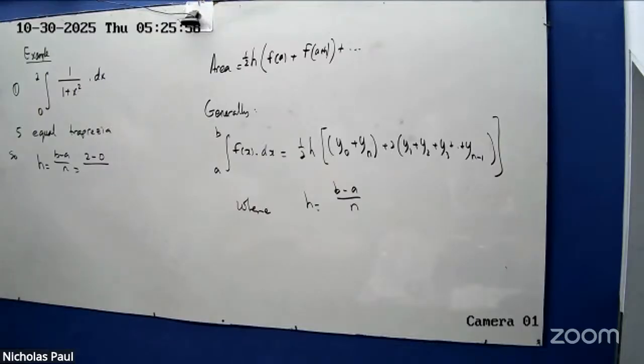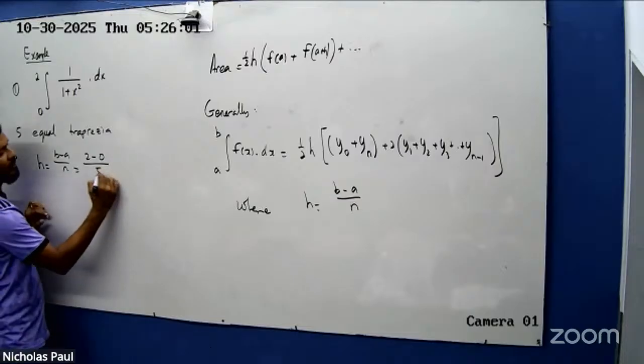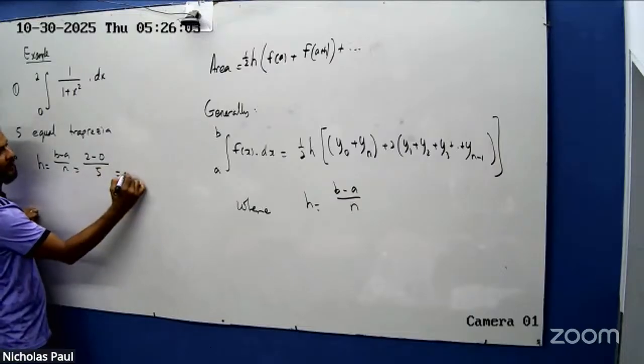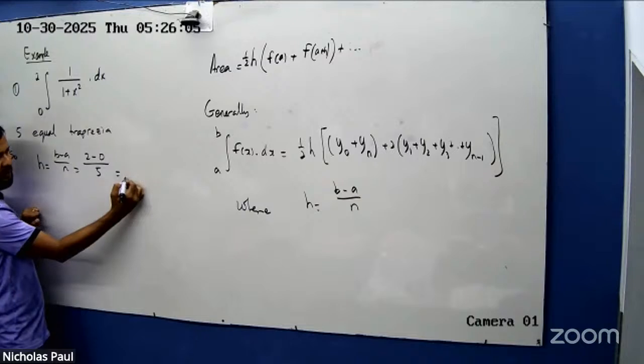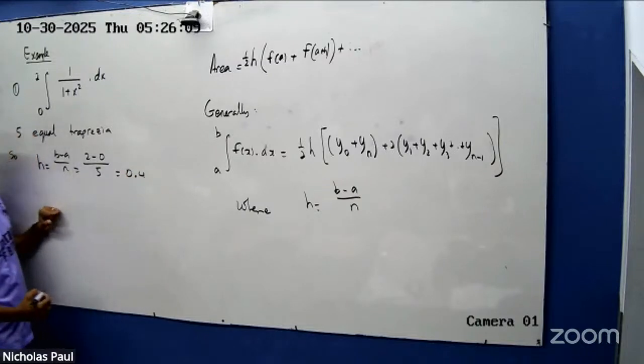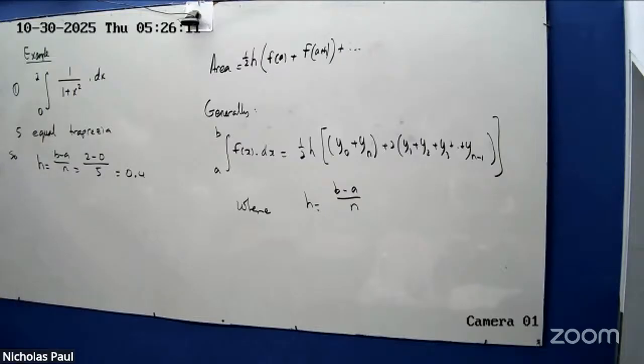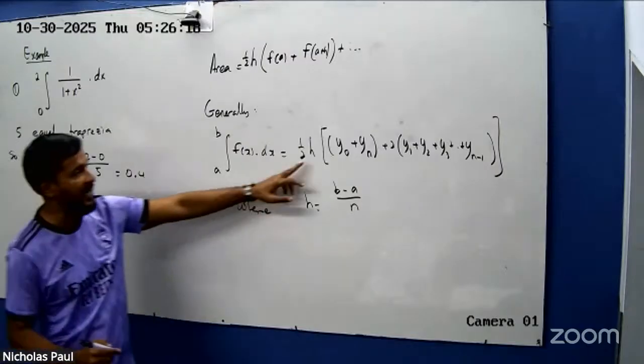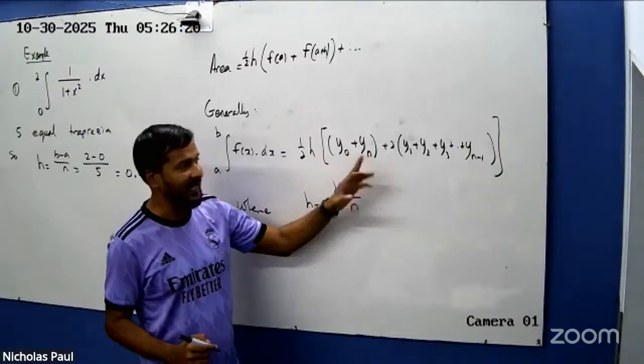So it's 5. So it means that h is equal to 0.4, right? Okay with that? So now let's see if we can find every single thing in here. We need h, you need y0, yn, and so on, right?